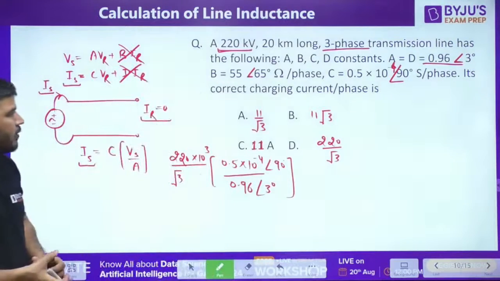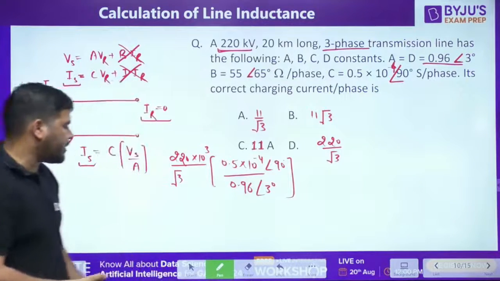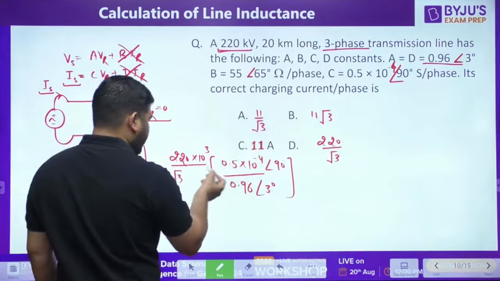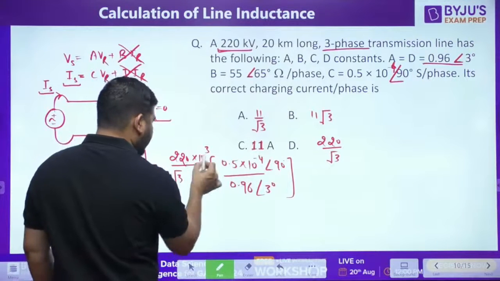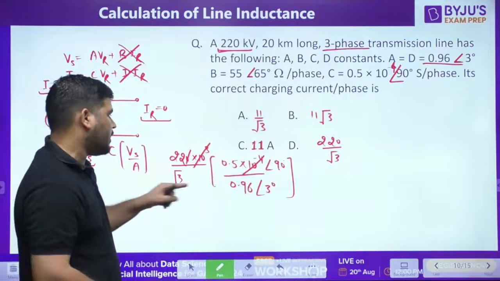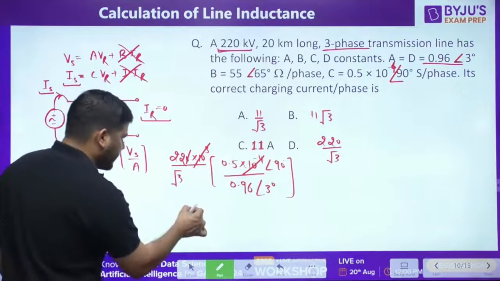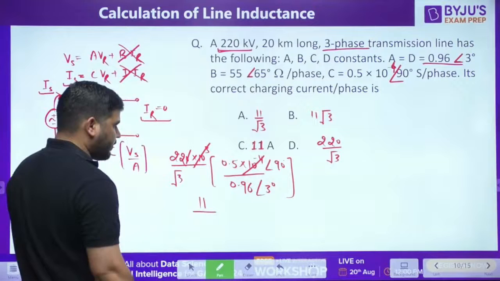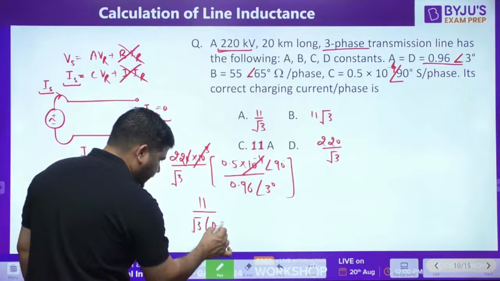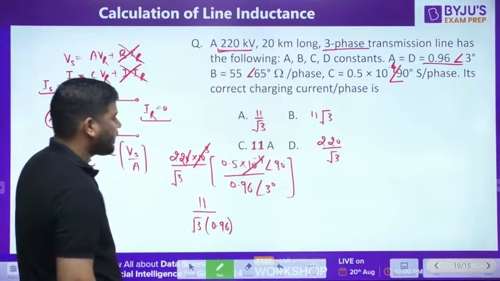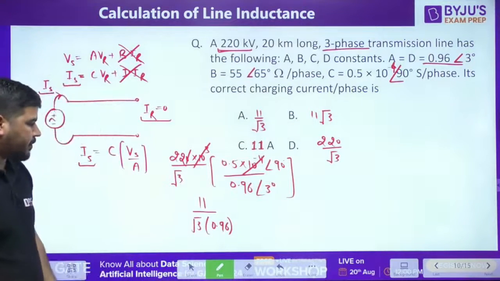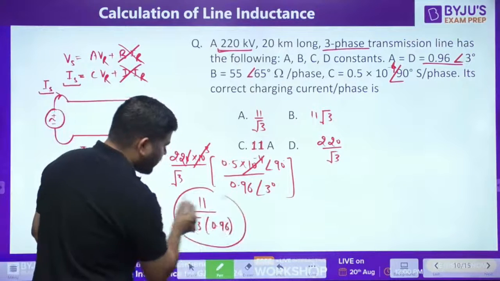We want only the magnitude. If you take this power, this 0 will also go. 22 into 0.5, that is 11. So in the numerator you will have 11. In the denominator you have root 3 into 0.96. 11 upon root 3 into 0.96. This has to be the magnitude of the charging current.